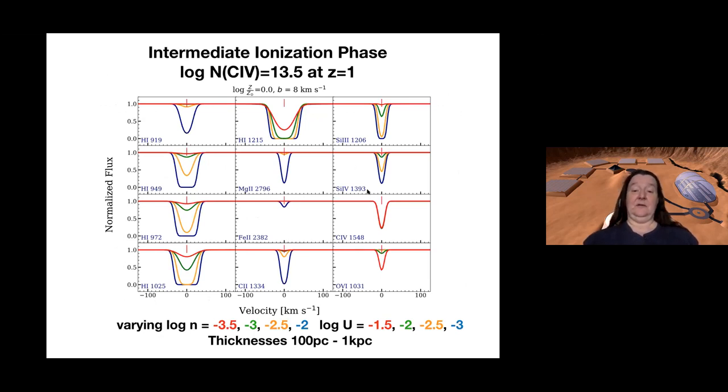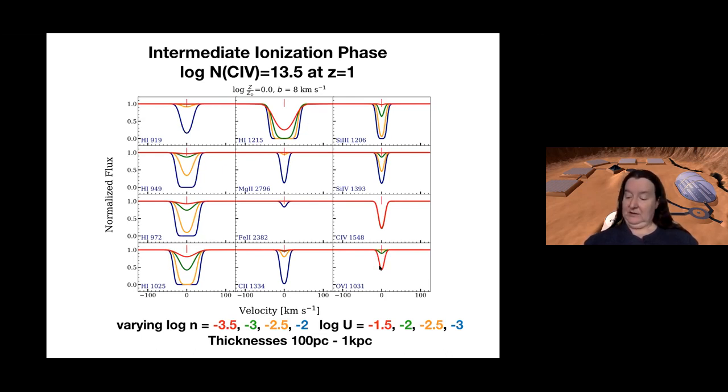So this is traced by carbon-4, and we're going to set the carbon-4 column density at 13.5, and again vary the density corresponding to these ionization parameters. The highest ionization parameter, lowest density that we have here, of 0.01 per cc, is giving rise to oxygen 6, so photoionized oxygen 6.